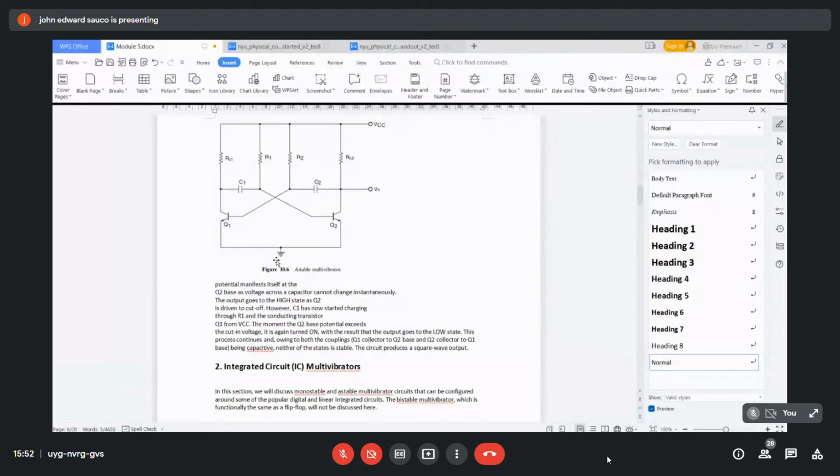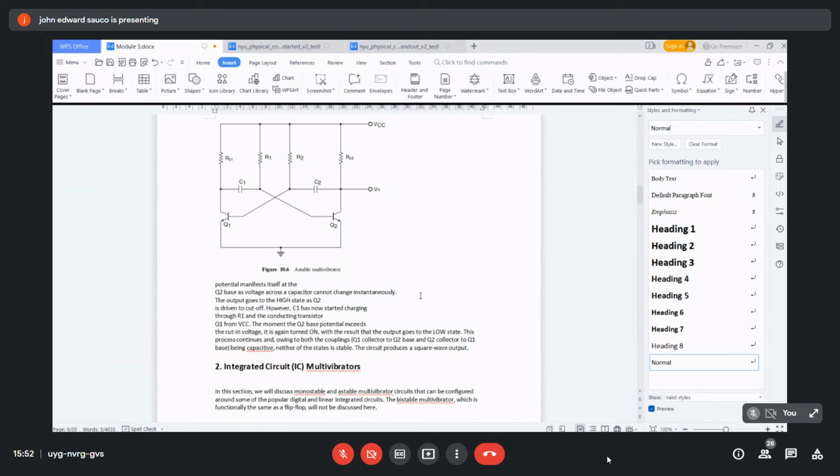So, at Q2 base, the voltage across the capacitor cannot change instantaneously. The output goes to the high state as Q2 is driven to cut off. However, C1 has now started charging through R1 and the conducting transistor Q1 from VCC.